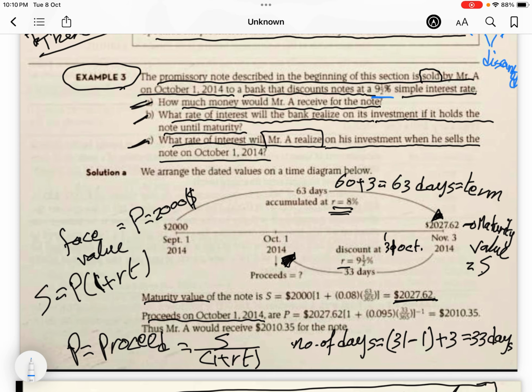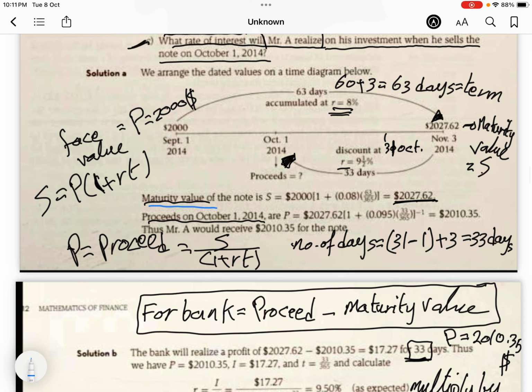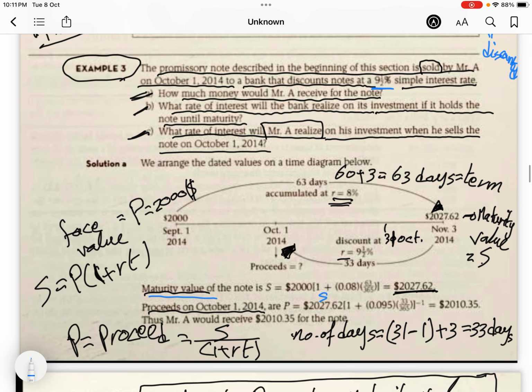Then calculate S, the maturity value. Maturity value is equal to 2000 multiplied by 1 plus 0.08 multiplied by 63 over 365, which is $2,027.62.